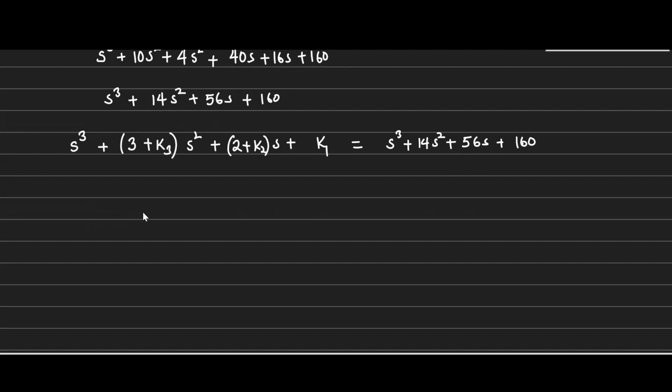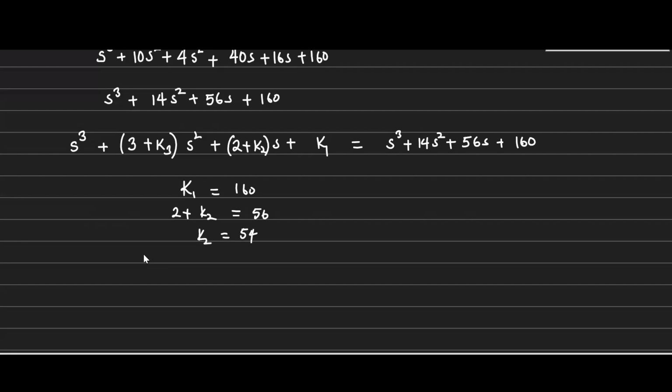Okay, now it's just a matter of comparison here, right? The term of S squared must be equal to the term of S squared here. The term of S must be equal to the term of S, and the constant must be equal to the constant here. So clearly you can see that K1 is simply equal to 160. And then we can also solve for K2. 2 plus K2 should be equal to 56, so K2 is equal to 54.